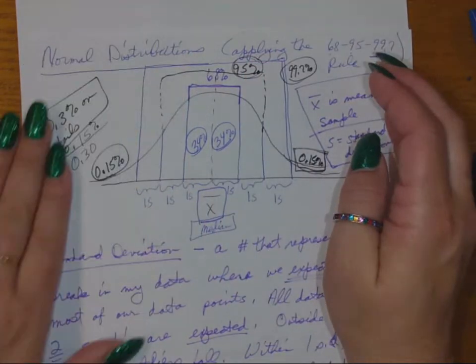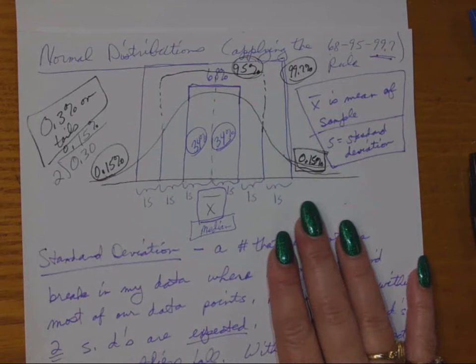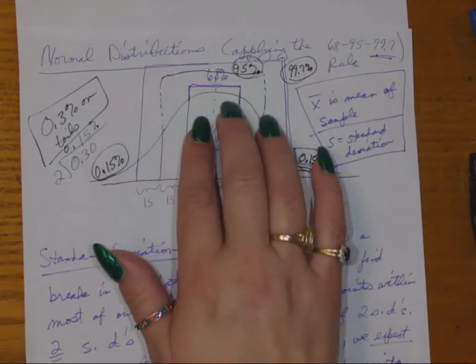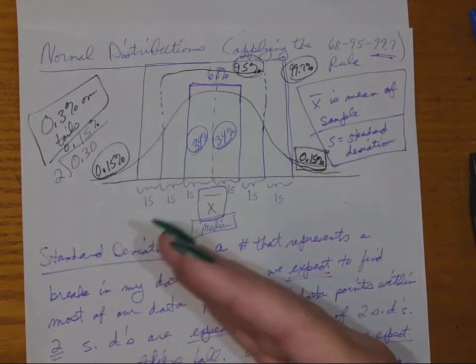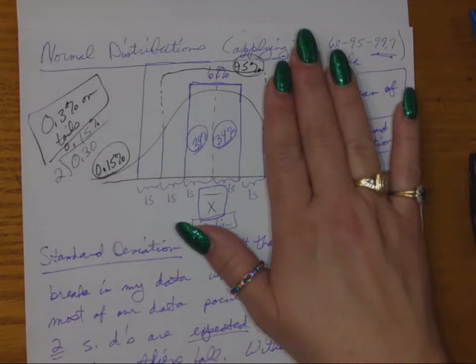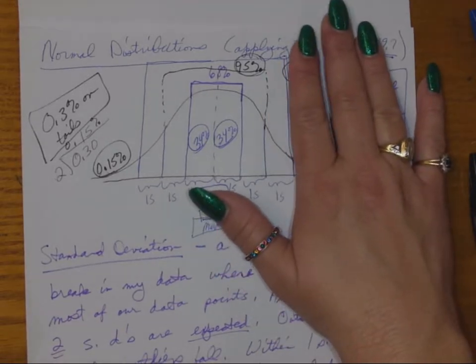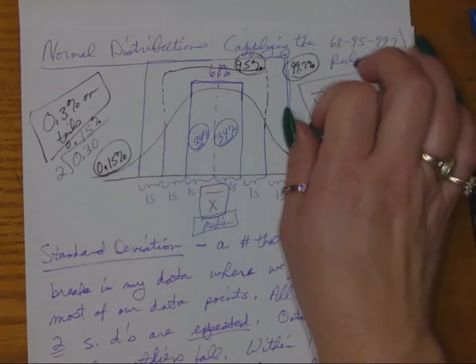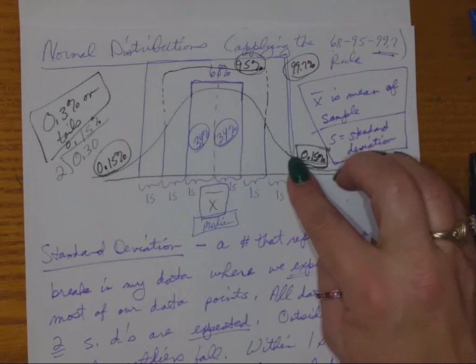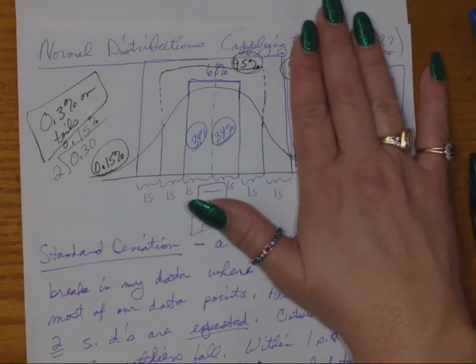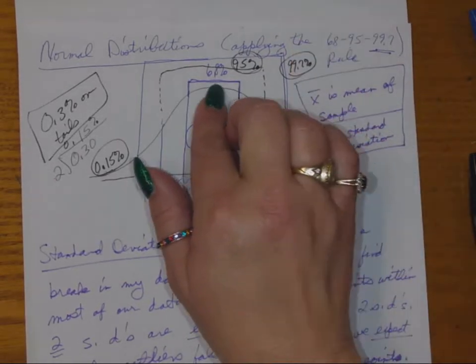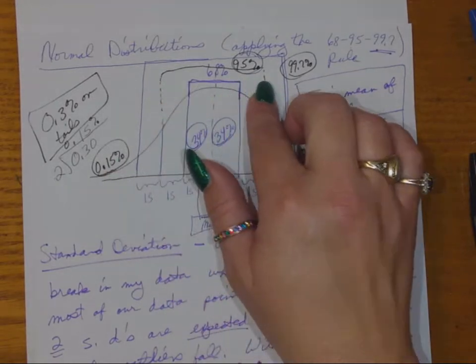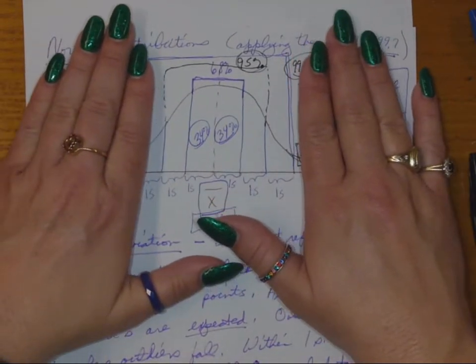All right. So for instance, some of the problems we're going to be working on are going to say, what percentage of the data is below whatever this mark is here? Say it was just 3 standard deviations above the mean. Well, we know it's 99.7% within the 3 standard deviations, right?